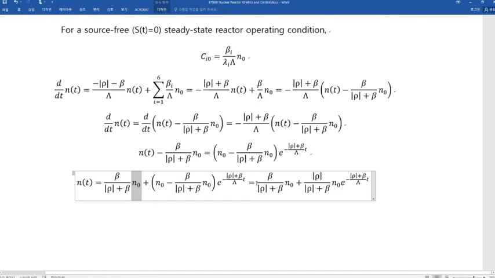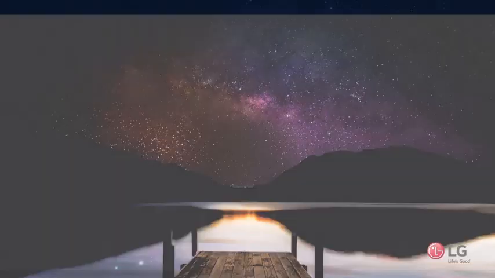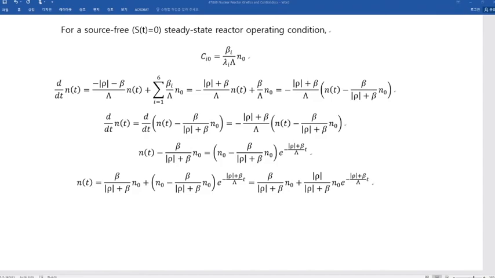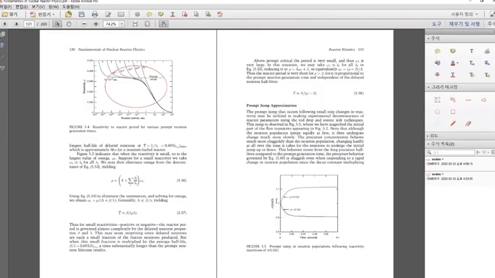Maybe we may go back to our textbook, the textbook and this figure. Following the equation that we just derived, the neutron population gradually increases and reaches some asymptotic or steady state value.